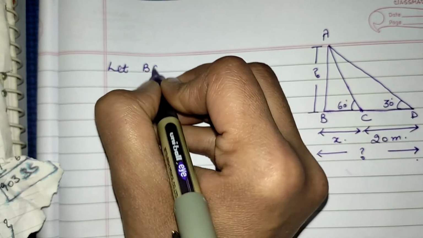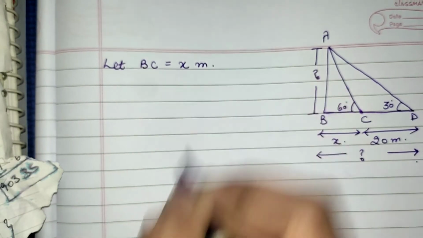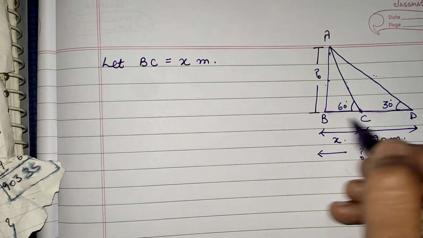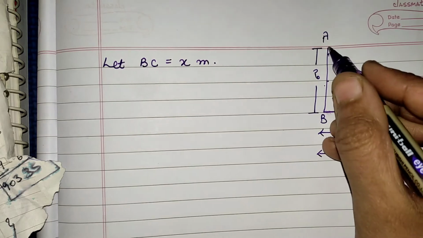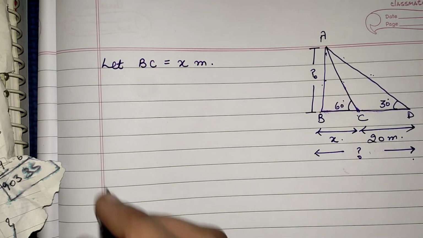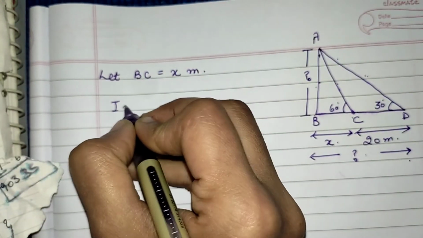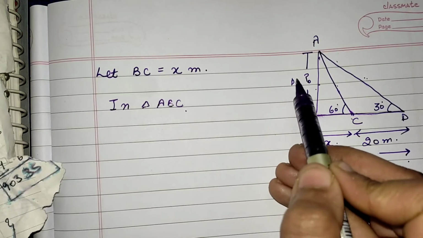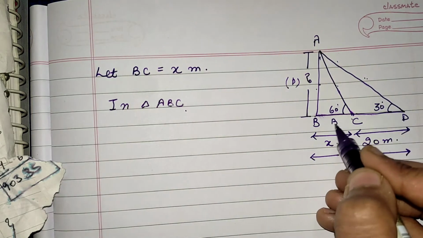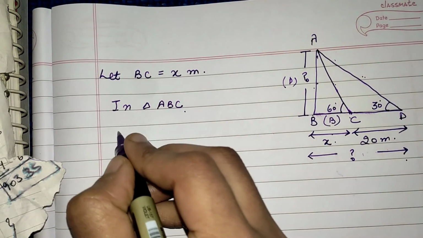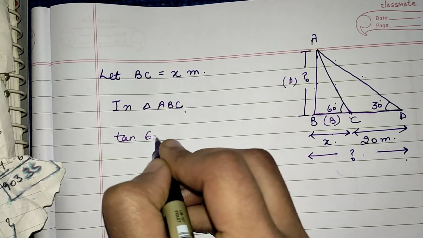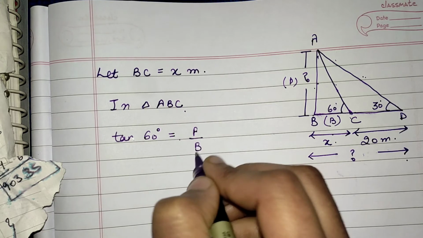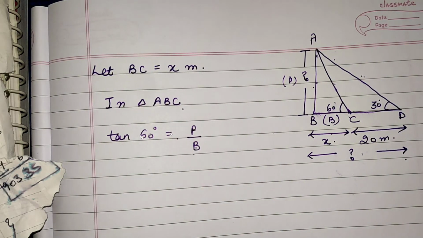Let us suppose BC is equal to x meters. Using the trigonometric ratio in both triangles, ABC and ABD, in triangle ABC, we have to find the relation between the perpendicular and the base. That relation is given by tangent. So tan 60 is equal to perpendicular by base.